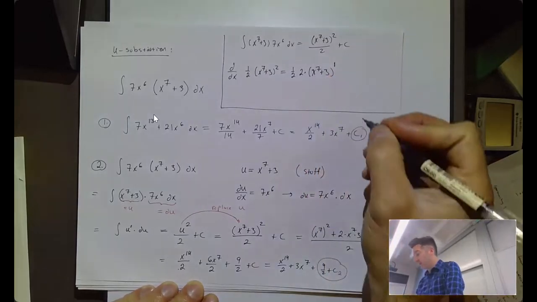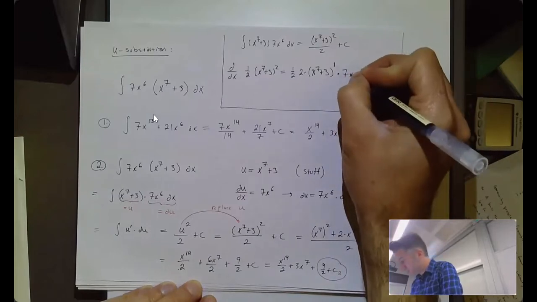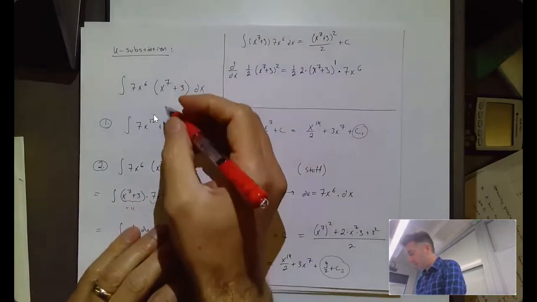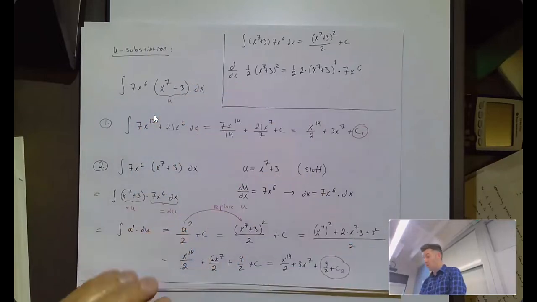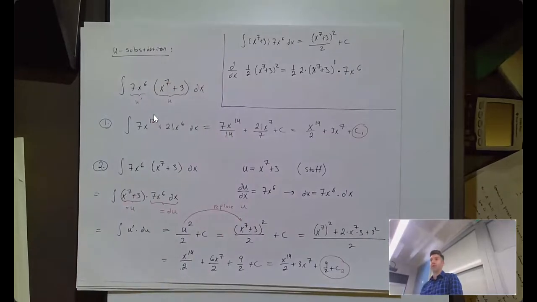And then what do I have to multiply by? The derivative of the stuff. So that's why we are looking for this to be our choice for u here, because its derivative is showing up in the integral. We're actually undoing the chain rule.